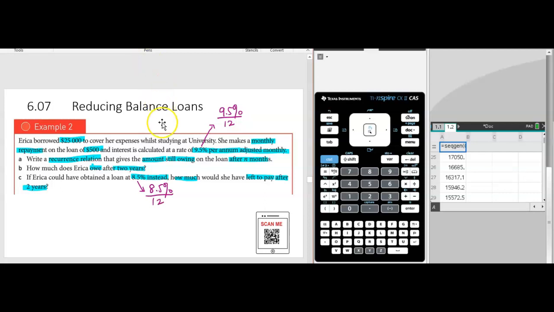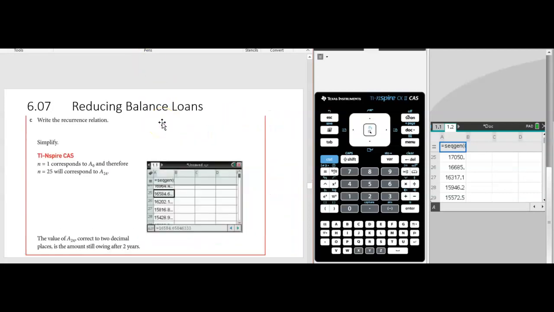For section C, I rewrite the recurrence relation. I revised it: 1 plus 8.5 divided by 1200 times A_(n-1) minus 500 monthly repayment, with the initial loan amount being 25,000.